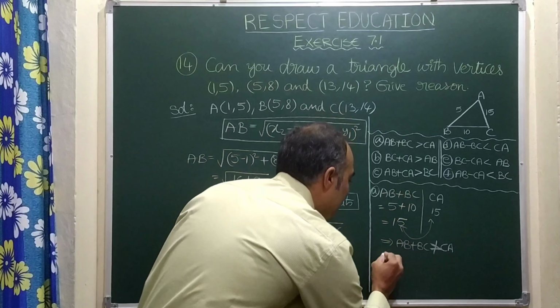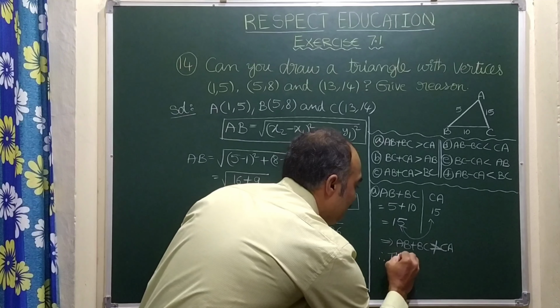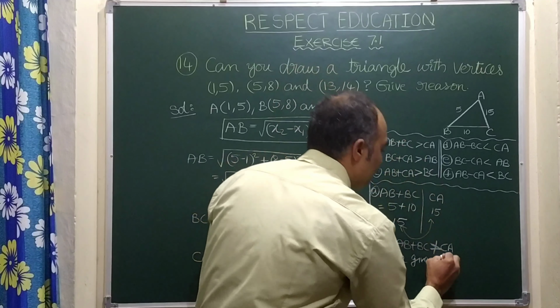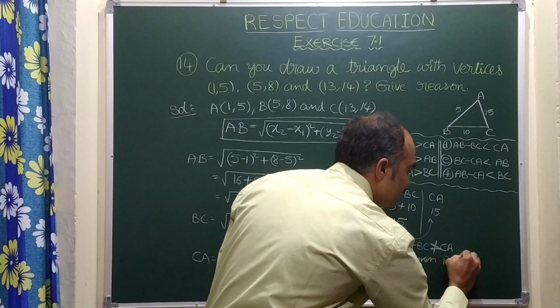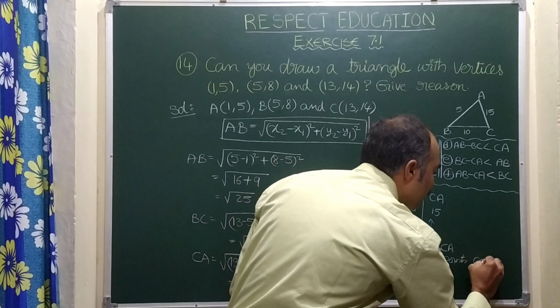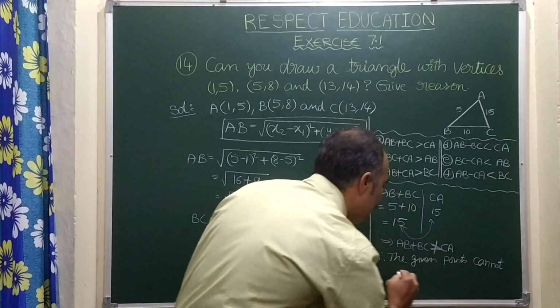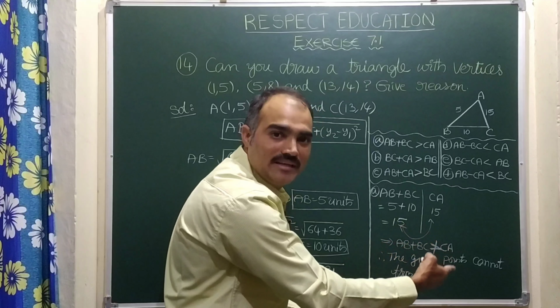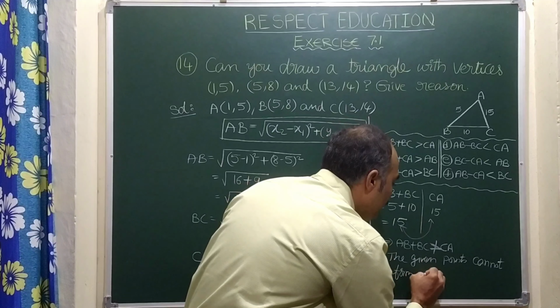So we can write that, therefore, the given points A, B and C cannot form, or you can write cannot be the vertices of a triangle.